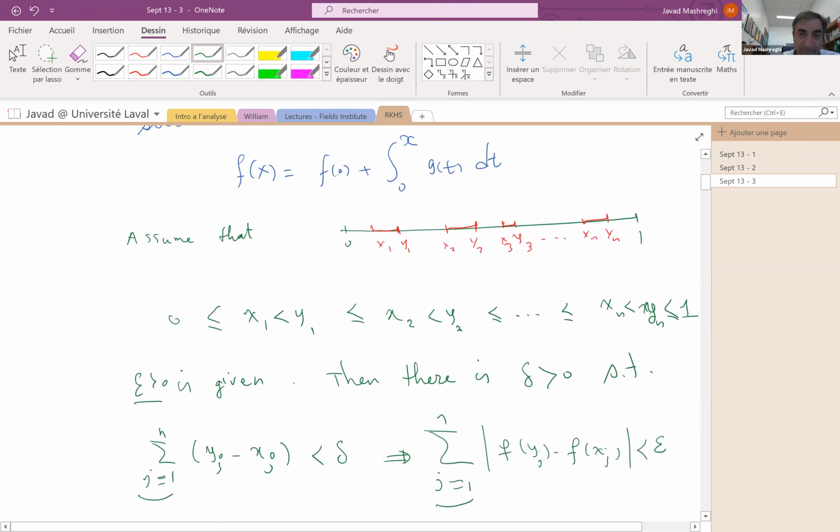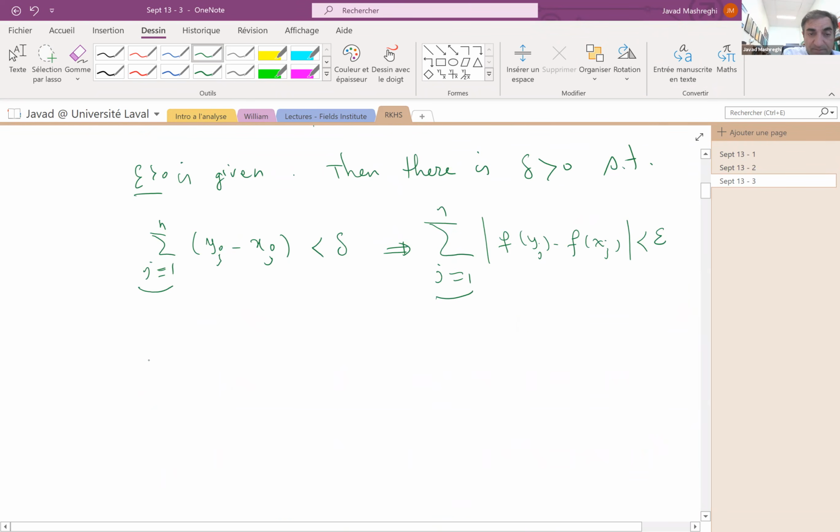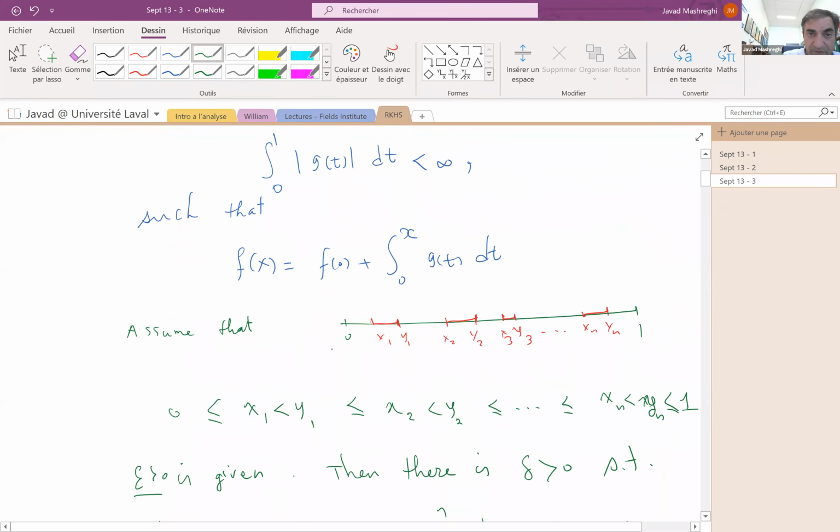But here, it can be a collection of intervals, and there is no restriction on the number of these subintervals. And this is an easy exercise to prove. It comes from measure theory indeed, because when you look at the sum over j from 1 up to n of the absolute value of f(yj) minus f(xj), look at this formula.